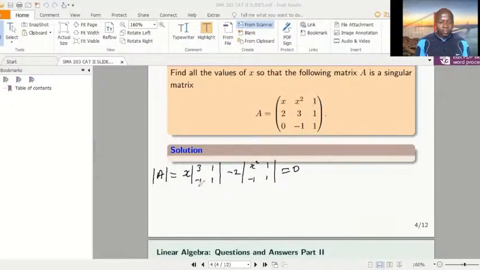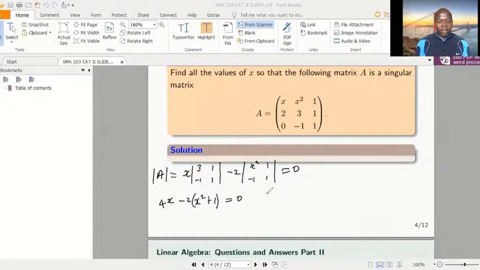So when you do that, you have x. This is 3 minus 1, which will be 4. So 4x minus 2 into x squared plus 1 is equal to 0. We can cross this to the other side, and then 0 to the other side.